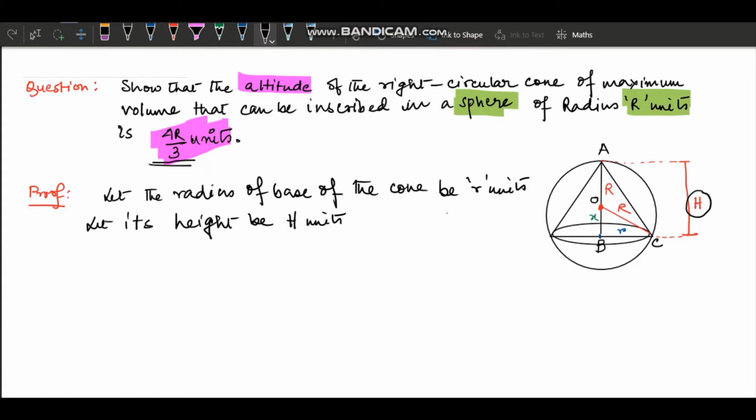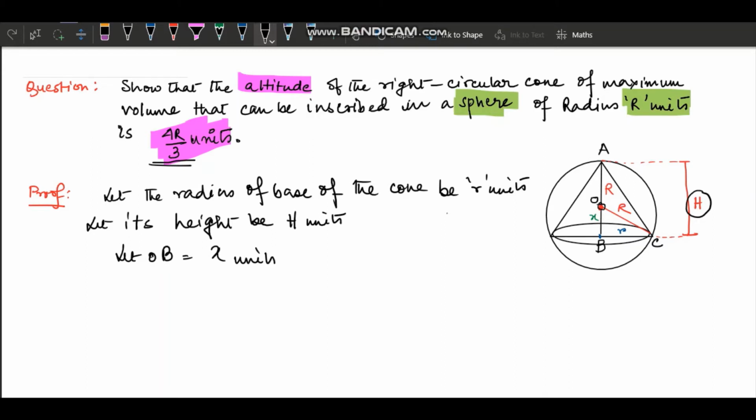Now if you look at the figure, I have taken AB to be the height of the cone and this O is basically the center of the sphere. So let us assume that OB is equal to x units.